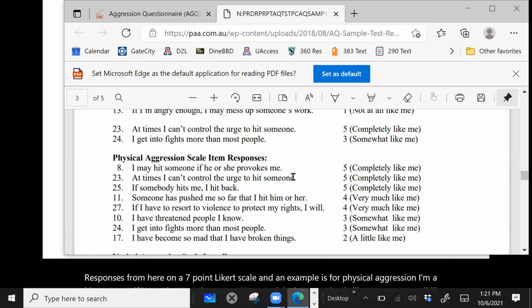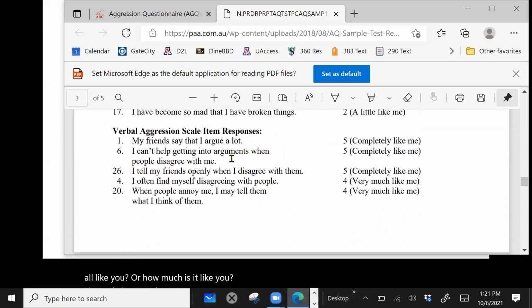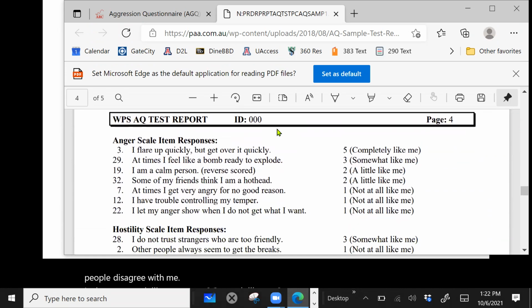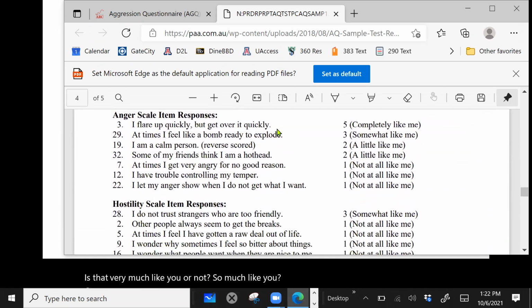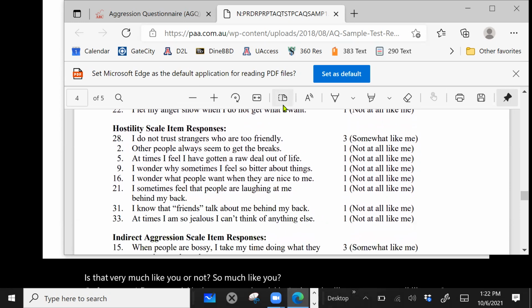The verbal aggression might say: I can't help getting into arguments when people disagree with me. Is that very much like you or not so much like you? For anger: I flare up quickly, but get over it quickly. Is that a lot like you or not at all like you? And hostility: I do not trust strangers who are too friendly. How much is that like you?